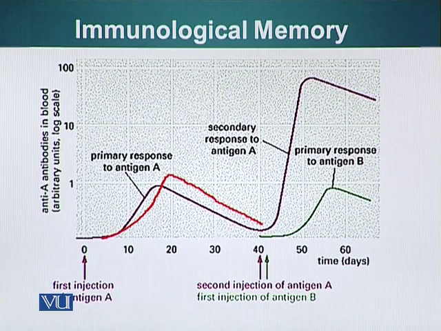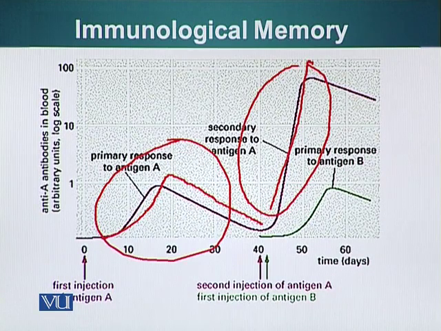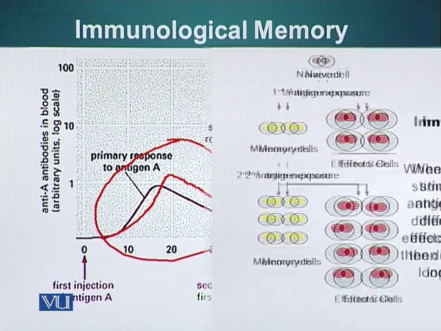As you can see, the response to antigen A is much greater compared to antigen B. This is our secondary immune response. The response to antigen B is a primary immune response. So the animal's immune system remembered. Our immune system can also remember if we encounter a particular antigen.